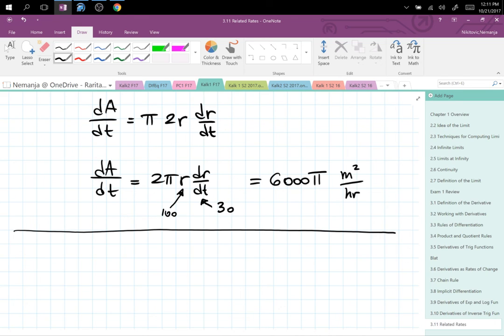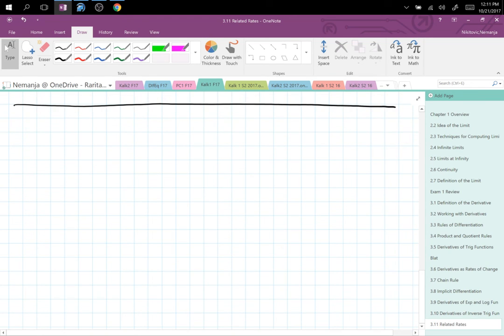So now, what we want to do is we want to take a look at related rate problem with the converging airplanes. So here's the airport, and we have one airplane coming from the south and one airplane coming from east. So the south is going towards north, obviously, and the one from the east is going west. So there's the airplane right here, and then there's the airplane right here.